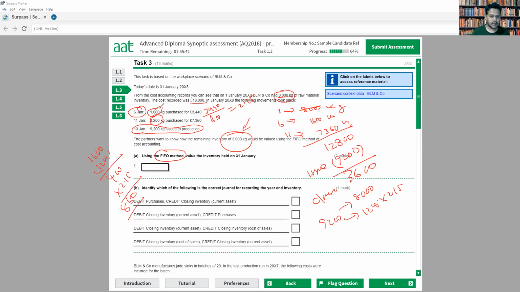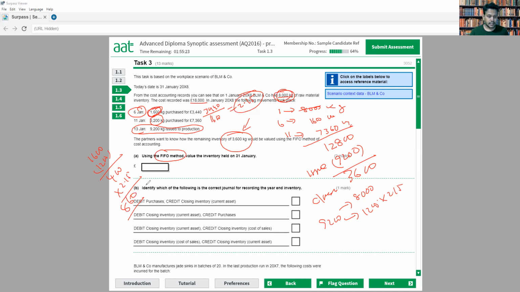Because I need 9,200 and I have 8,000 from the beginning, I took another 1,200, so 400 is left, and the value for the 400 is 860 because 400 times 2.15.